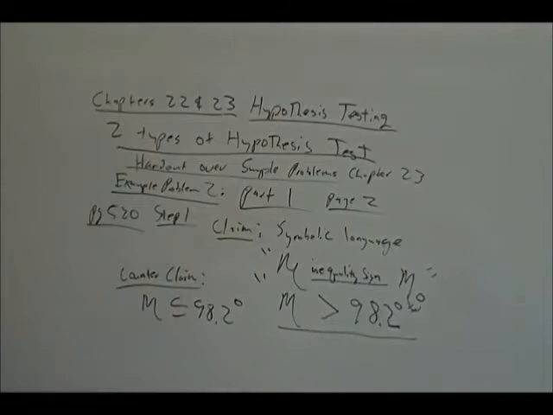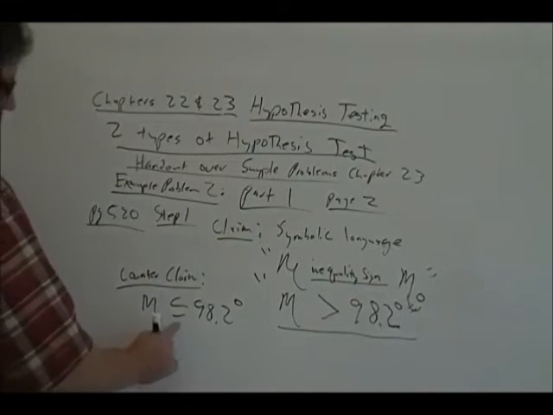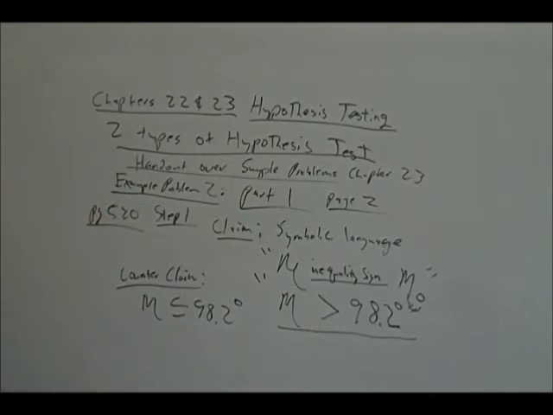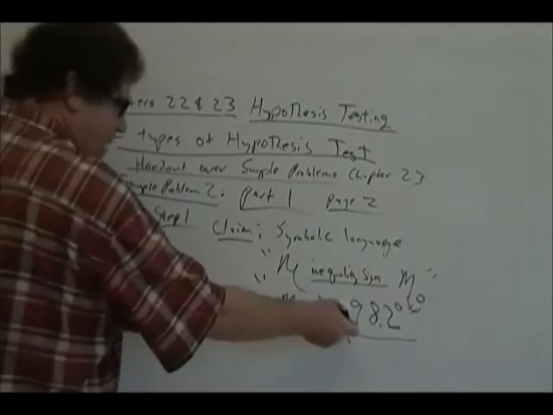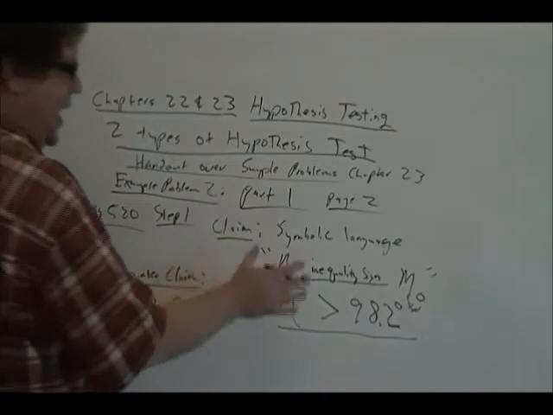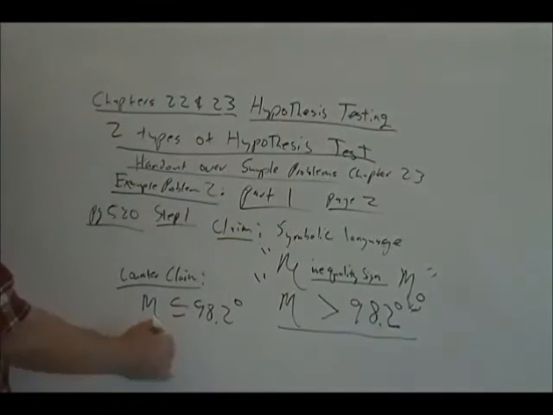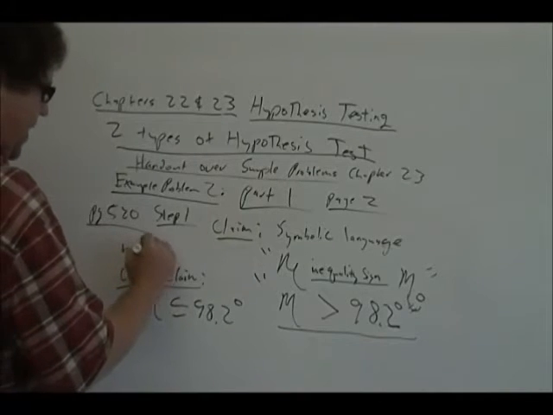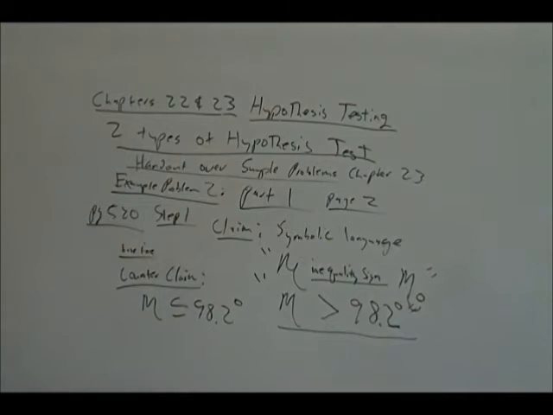Remember, it's the counterclaim that should have the equal sign for these problems. In other books, the claim might have the equal sign and the counterclaim might not, but for our problems, the claim never has an equal sign and the counterclaim always does. This is our baseline counterclaim.